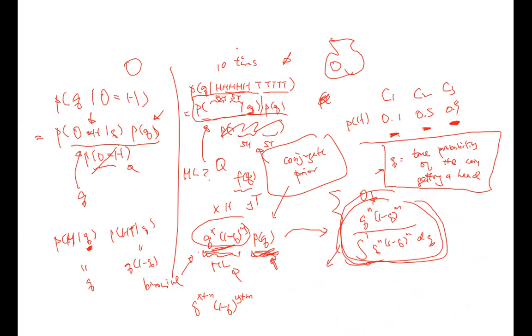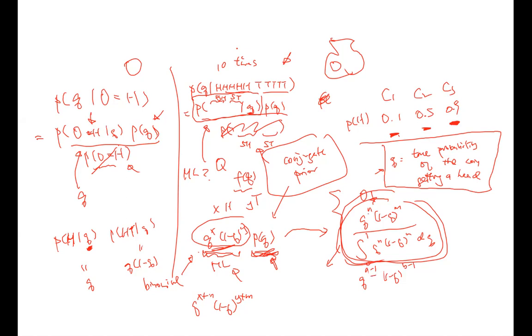For the beta distribution, usually they define it with a -1 here. So instead of n and m, they call it a-1 and b-1 for the exponents of q and 1-q. It's just changing the parameter from n and m.